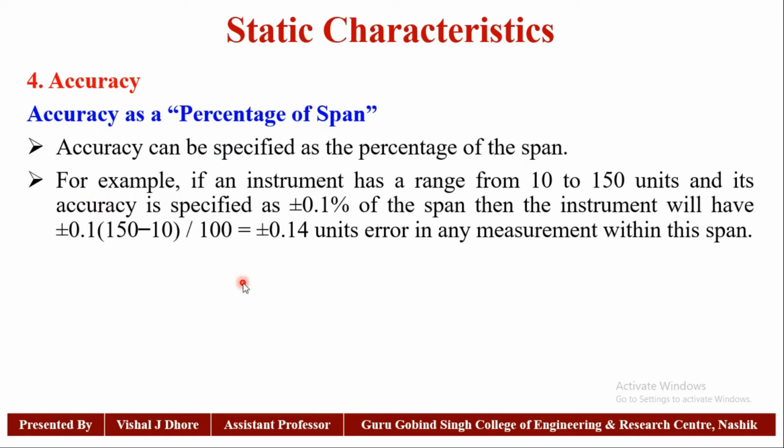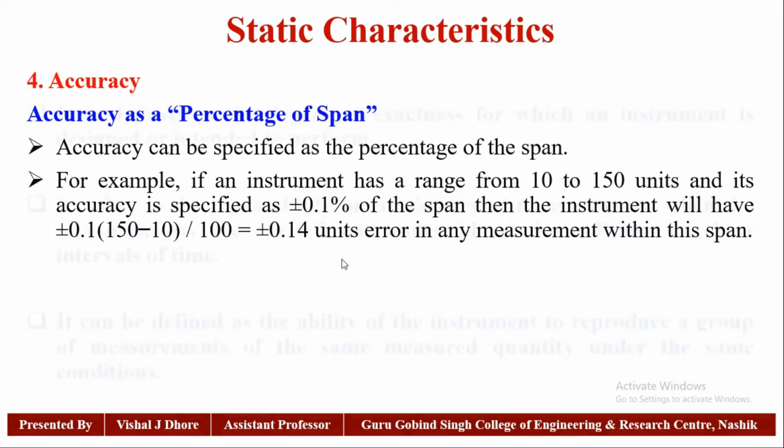For example, if an instrument has a range from 10 to 150 units and its accuracy is specified as plus minus 0.1% of the span, then the instrument will have plus minus 0.1 into (150 minus 10) divided by 100, which gives plus minus 0.14 unit error in a measurement within this span.